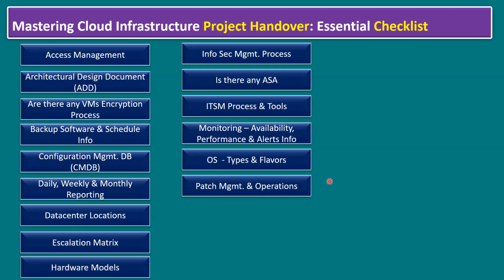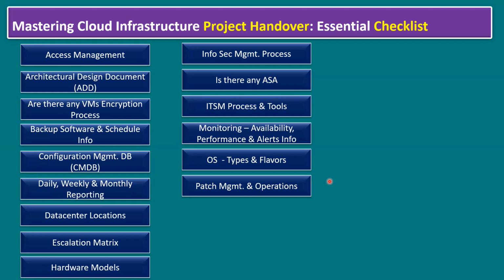And even for operations, we may also use SCOM, or we may plan for additional tools. Suppose for the Linux environment, generally we may configure Red Hat Satellite tools, or we can also use third-party tools like GFI LanGuard, or we may also use IBM BigFix and so on. Okay, it depends on the customer's choice.